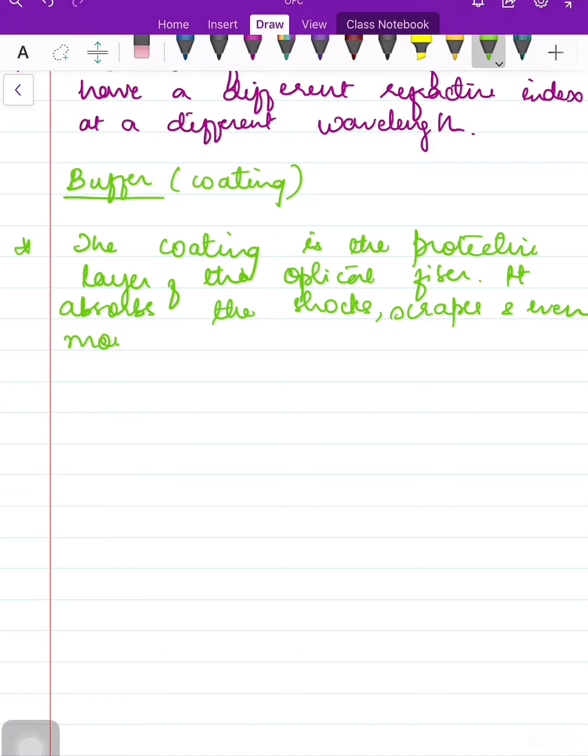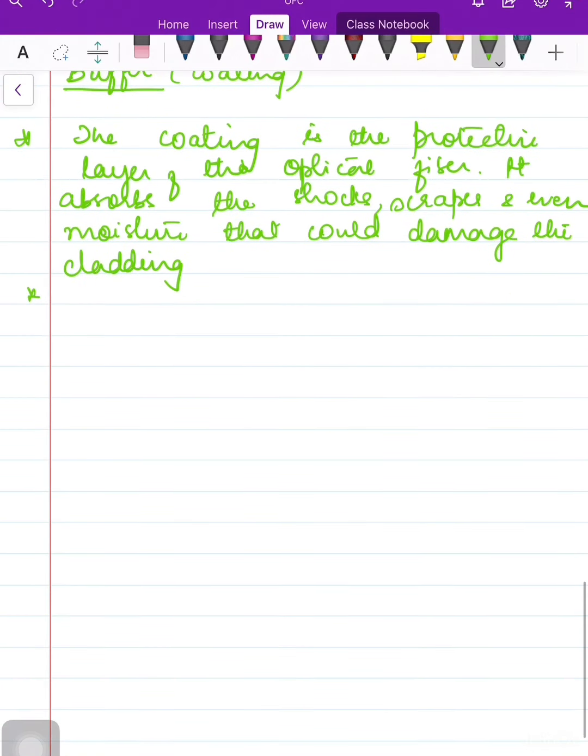The moisture content in the environment also is absorbed, that could damage the cladding. So we know that an optical fiber is very fragile without coating. Clear?